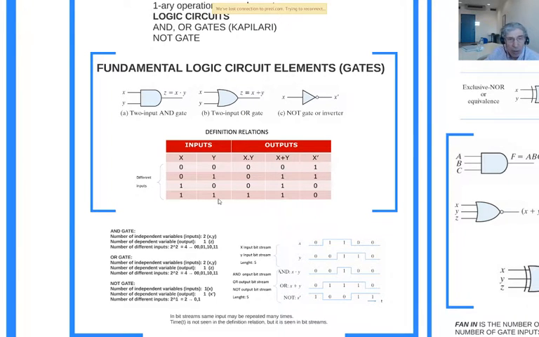But in practice, we are applying these inputs as bit streams. For example, this is the bit stream for variable x, and this is another bit stream for variable y. If you consider both of them together as the input of the AND gate, the first input 0, 0 comes in for this time interval, and your output is 0. Here, as you see, for this time interval the input 1, 0 is not changing, so your output is 0.